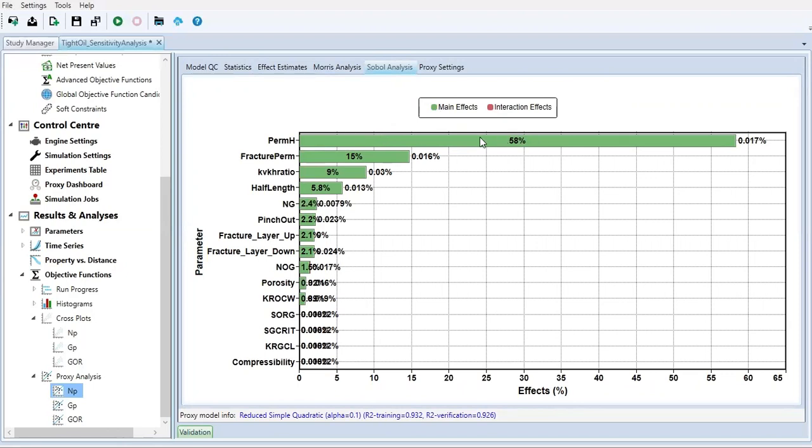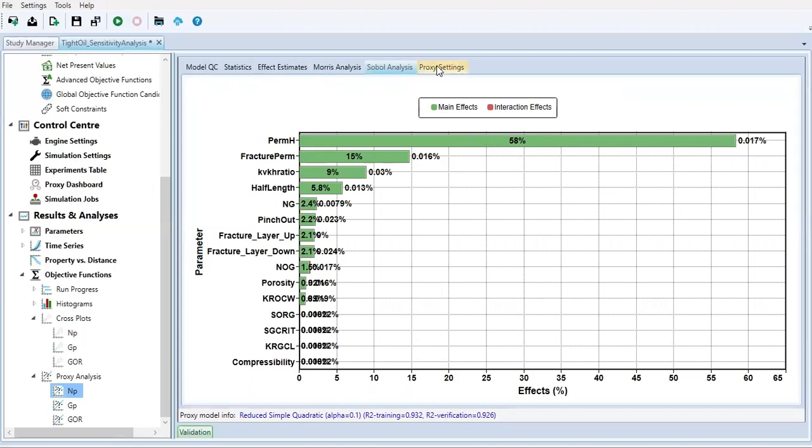You see, 58% influence actually comes from horizontal permeability, and the next one is fracture permeability, and then KV/KH ratio, and then half length, and so on and so forth. So although it's a tight reservoir, still, if you have greater permeability, generally you will get more oil.